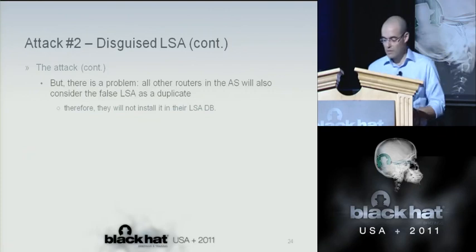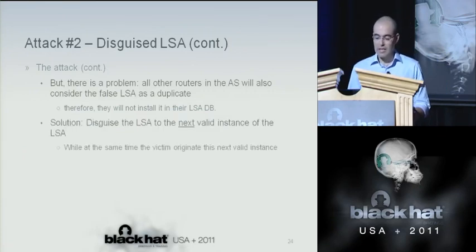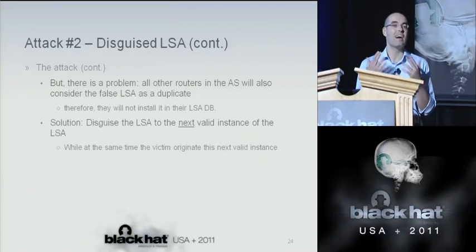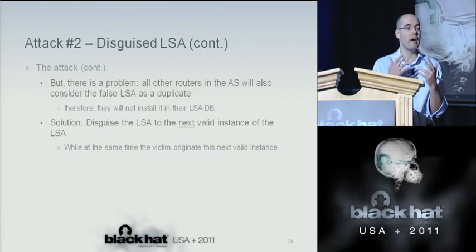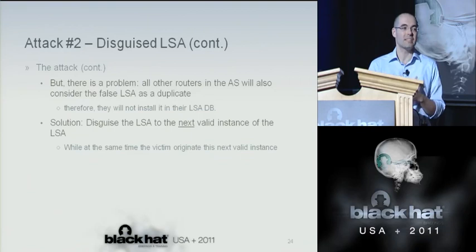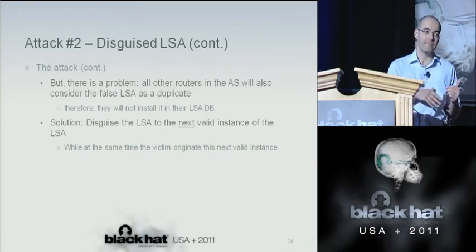So we have to solve this problem. And the solution is that the attacker will send out an LSA that is disguised to the next valid instance of the LSA. Okay, to the next valid instance, not the current one.